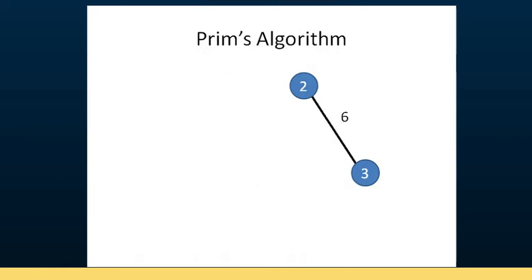First of all, we have to choose the least cost arc. This is the first step. In the second step, we have to choose the next arc whose value is least, starting from the node in the first step, either from 2 or from 3.